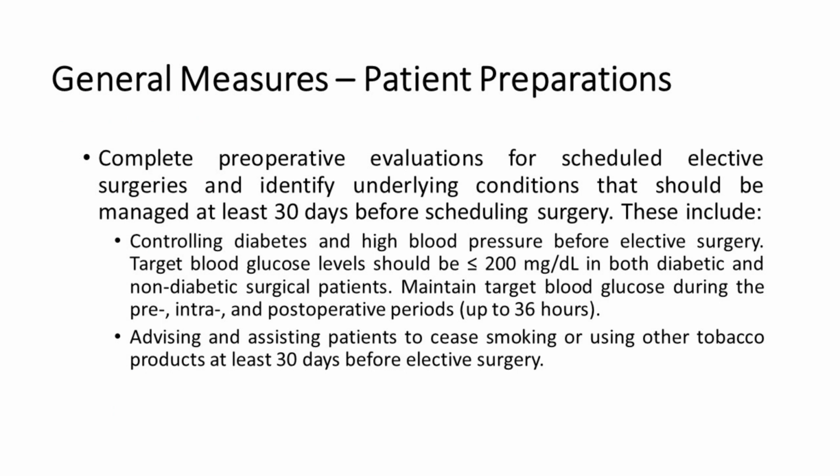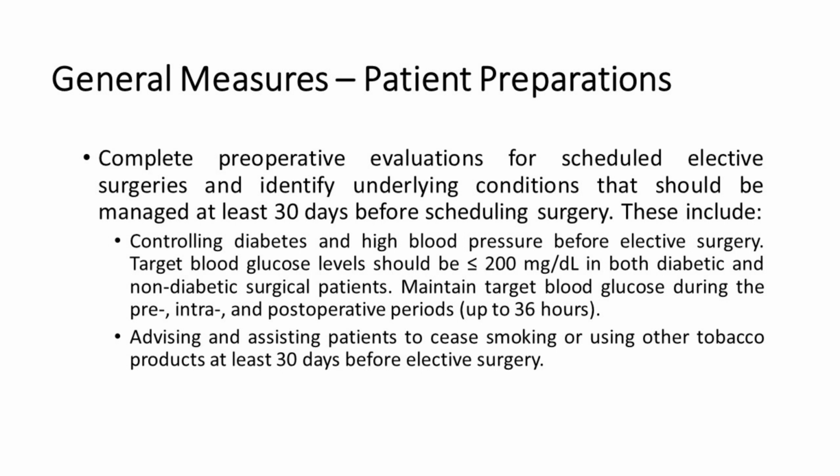Measures for patient preparedness include complete preoperative evaluation for scheduled elective surgeries and identifying underlying conditions that should be managed at least 30 days before scheduling the surgeries. This includes controlling the diabetes and sugar level and high blood pressure before any elective surgeries.